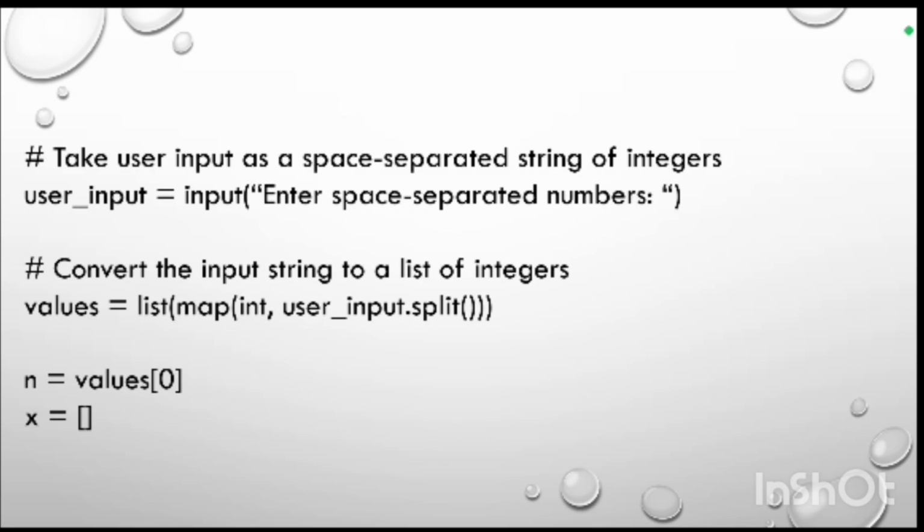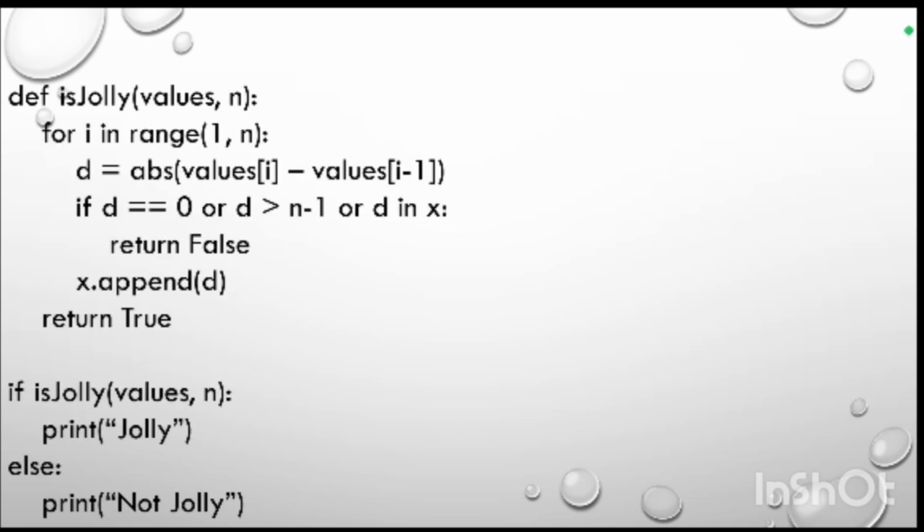So this is the code. The first part is user input. We have to take the input from the user, and whatever values the user has entered, we will split those values and convert them into integers.